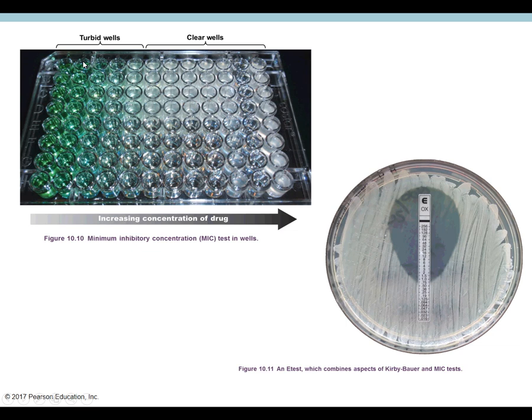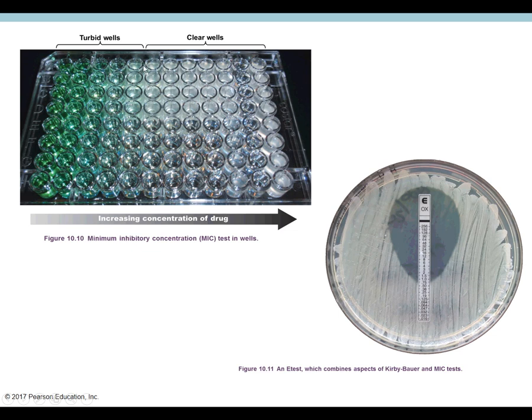So in the wells where the drug is too diluted, the bacteria can grow and they become turbid, cloudy. And then you reach a point where all the wells are clear, meaning you've reached a concentration above which the bacteria cannot grow.